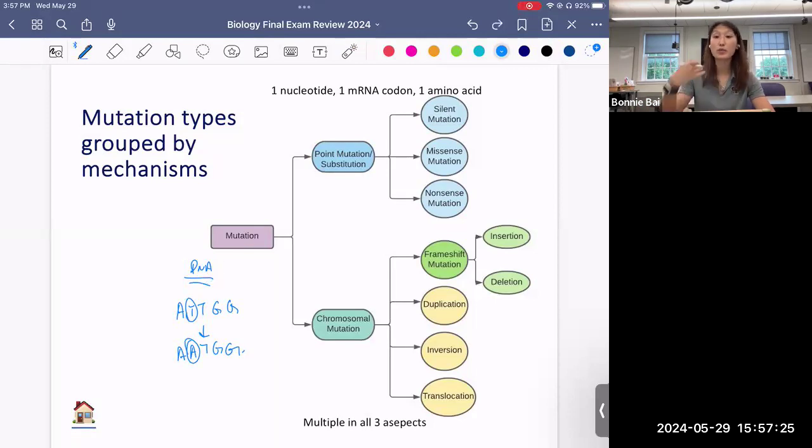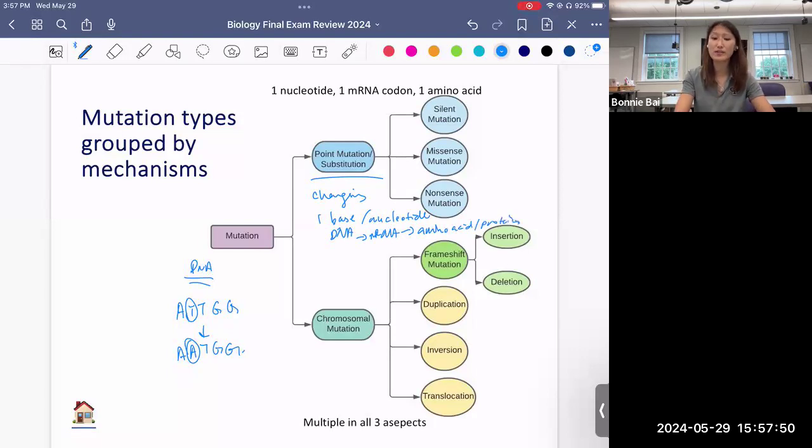You can call that a mutation, and you can specifically call it a point mutation because you're only changing one base, or one nucleotide, of DNA, okay? This will also change one base in the mRNA, and it may or may not change the amino acid or the protein.